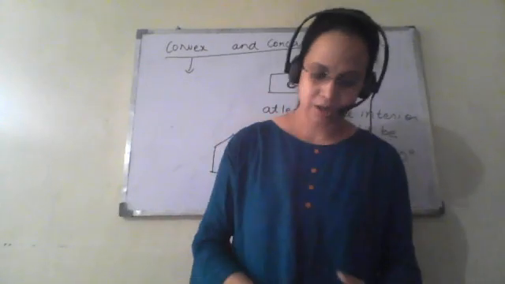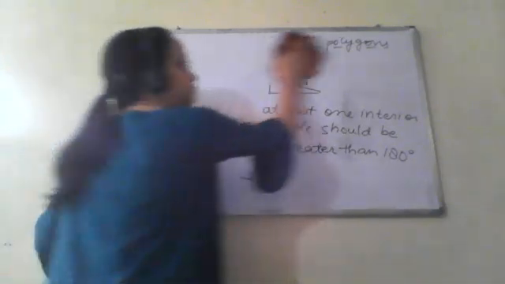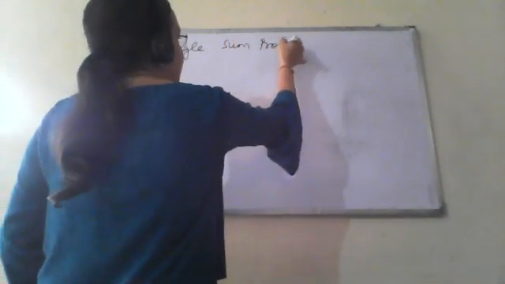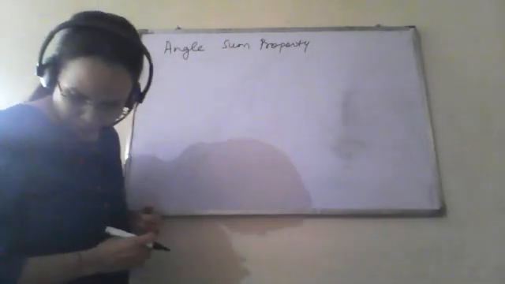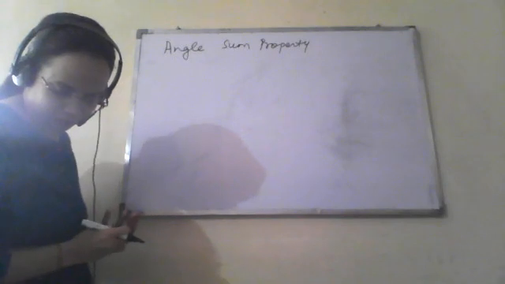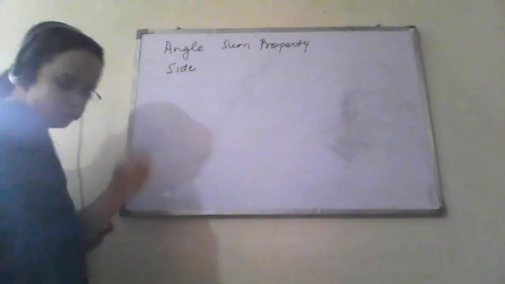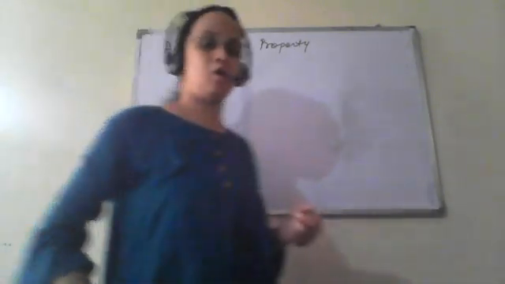Now, angle sum property. It is based on the number of sides that a polygon has.